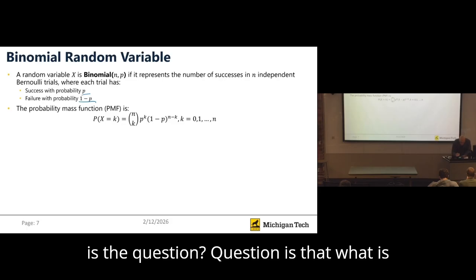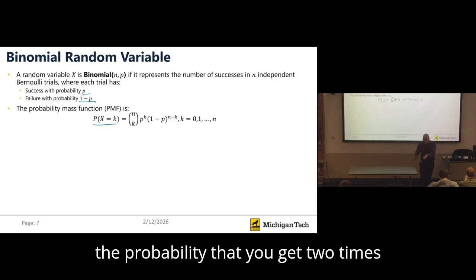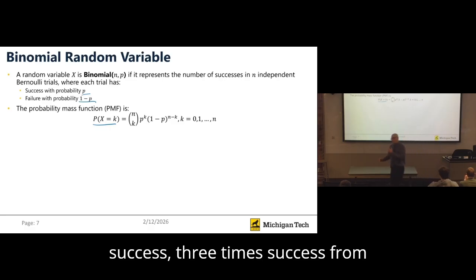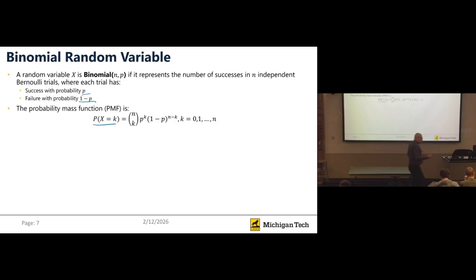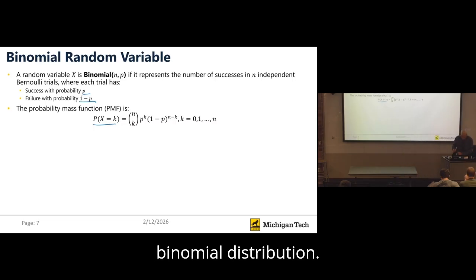The question is: what is the probability that you get 2 times success, or 3 times success, from 10 times? This comes from a binomial distribution. So K times success, N minus K times failure.